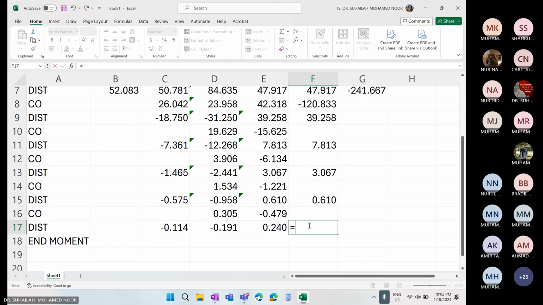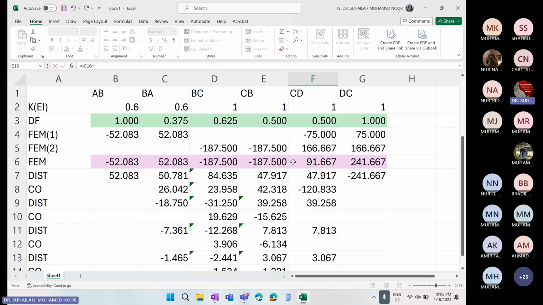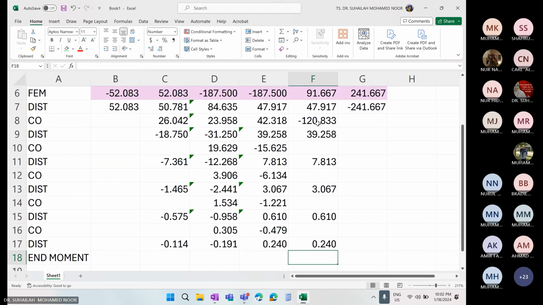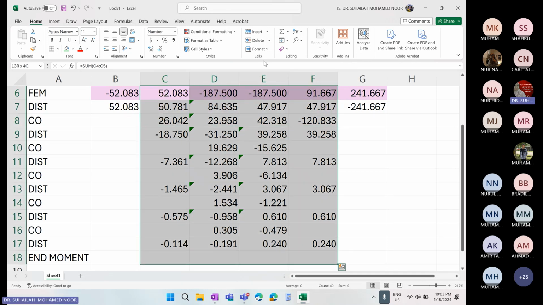And this is the joint moment times 0.5. So for total moment, calculate starting from the FEM and moment.